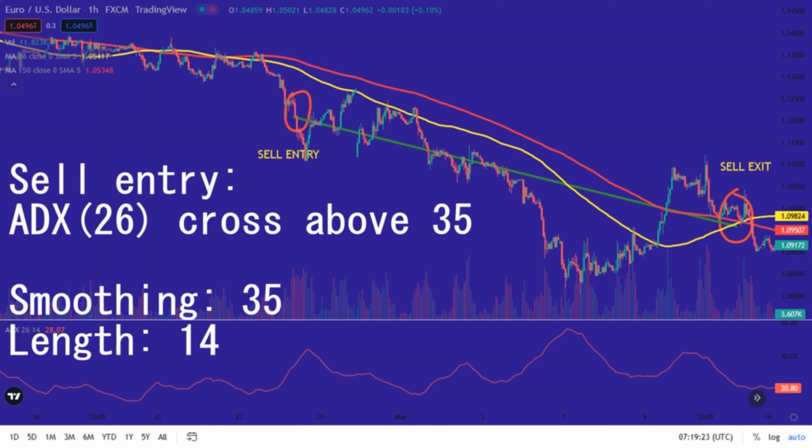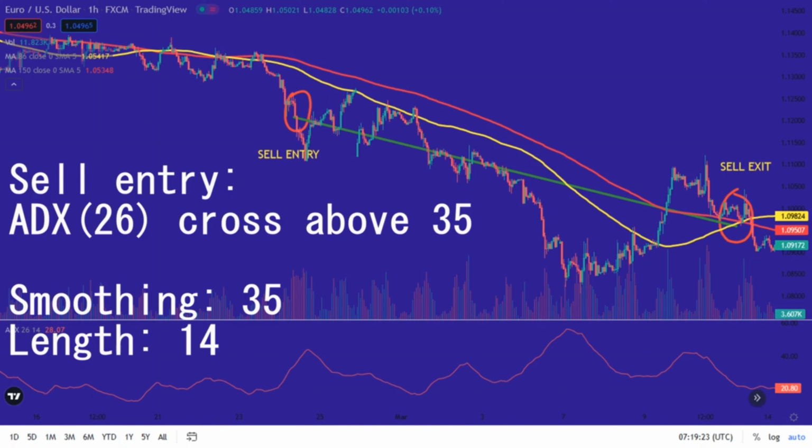Now, the sell entry rules are the following. You will have an ADX, an average directional index, and this ADX has a 26 period smoothing, and it has to cross above 35 to open a sell trade.